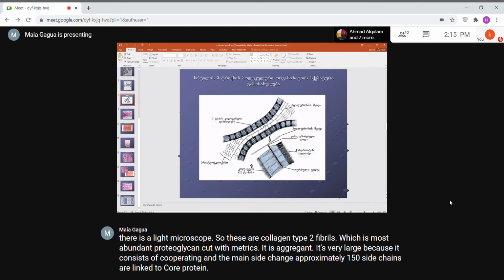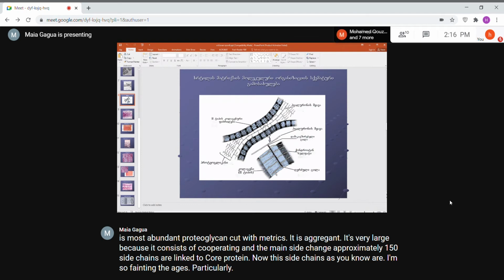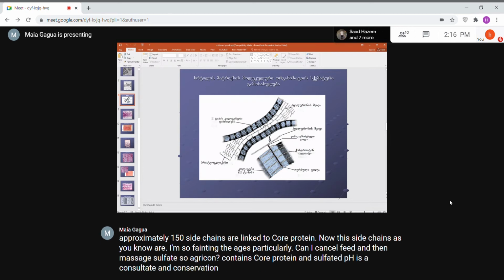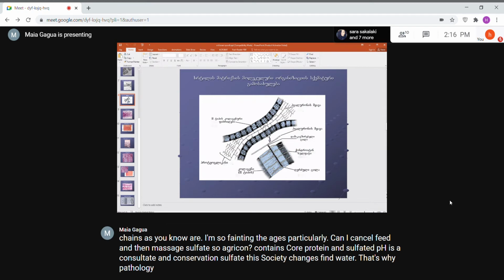Now, these side chains, as you know, are sulfated GAGs, particularly keratan sulfate and chondroitin sulfate. These sulfated GAGs bind water. That's why cartilage matrix contains a great amount of bound water.